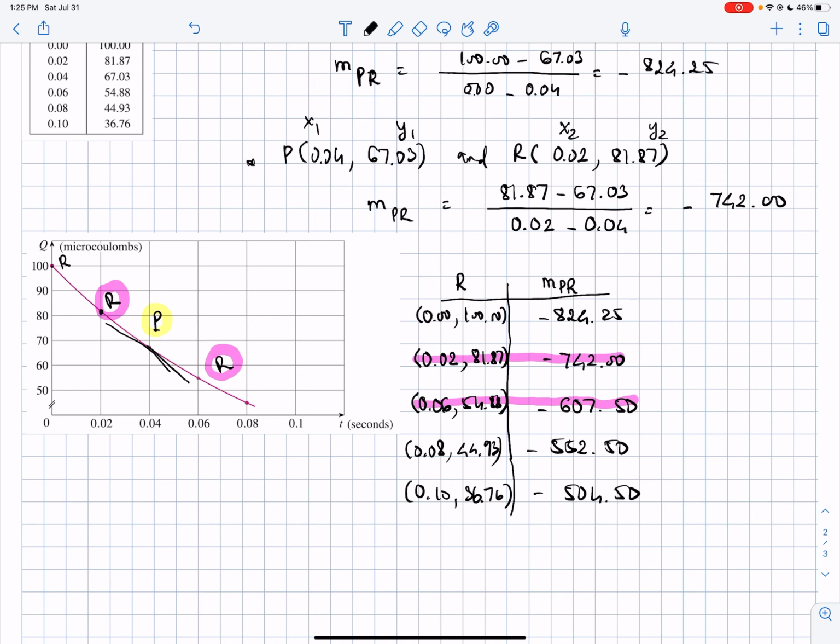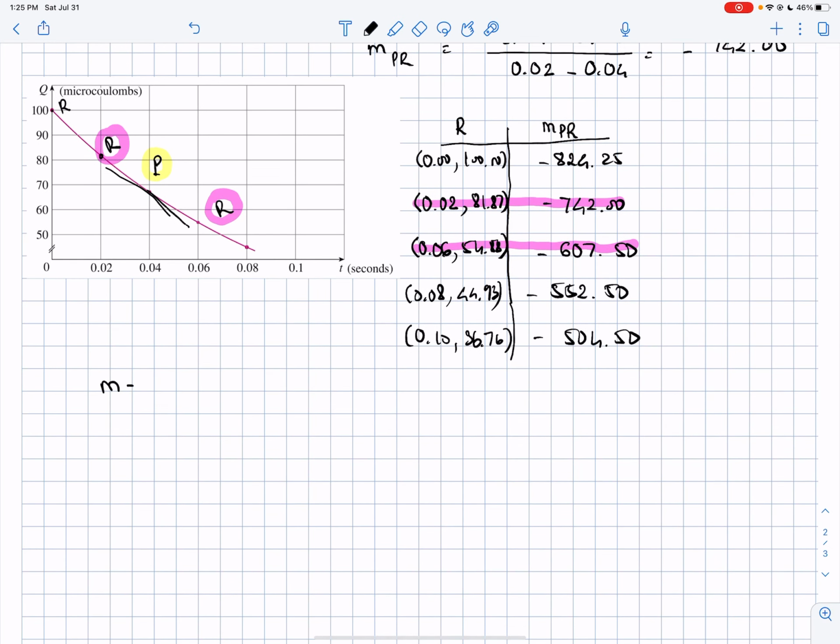So the slope of my tangent line will be negative 742.00 plus negative 607.50, and then I divide by 2 to find the average. I will get negative 674.75. I can approximate this as 675. So the slope of the tangent line is about negative 675.